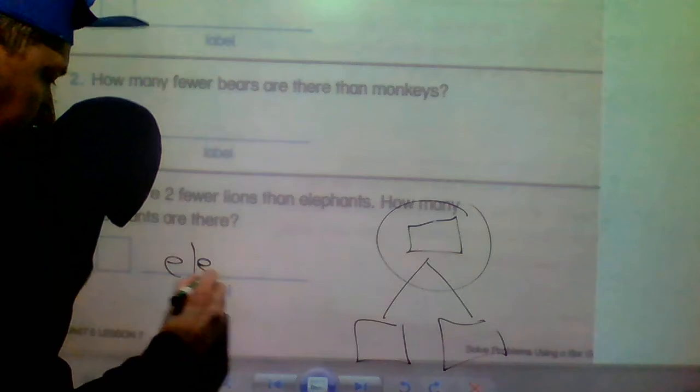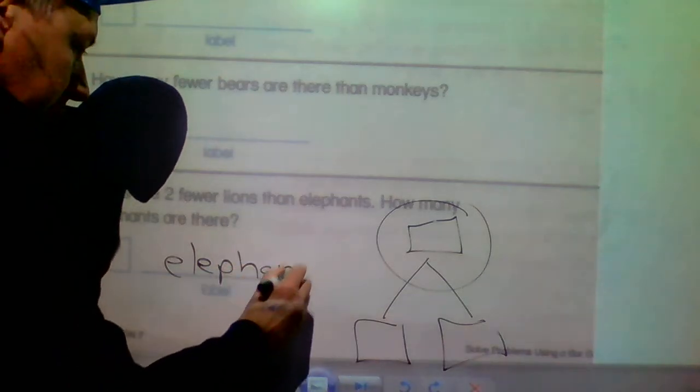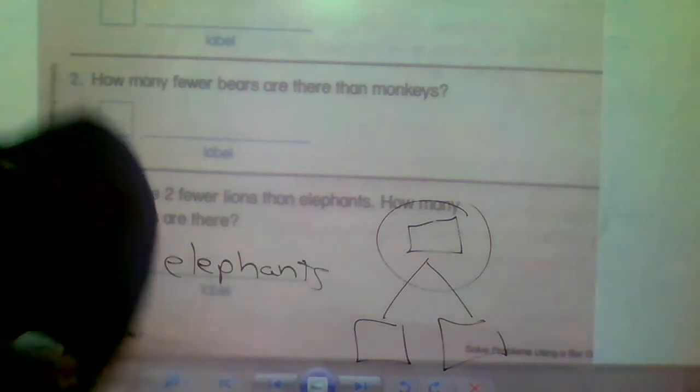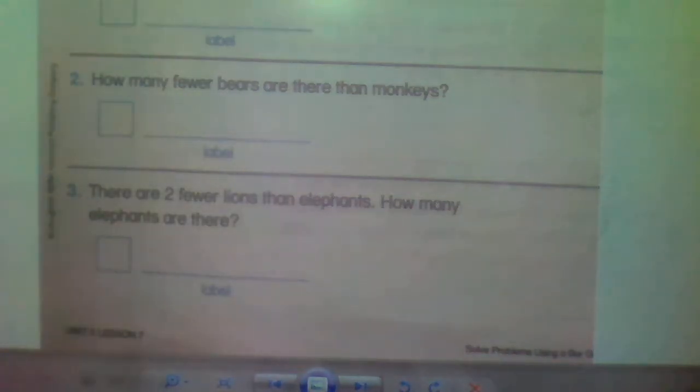And your label is going to be elephants. Again, I'm not going to give you all the answers. You got to kind of figure those out. And if I go too fast, just pause me, or you can rewind. If you press the back arrow button, it'll move you back usually like 5 seconds. Hopefully I'll get the right page to come up here.